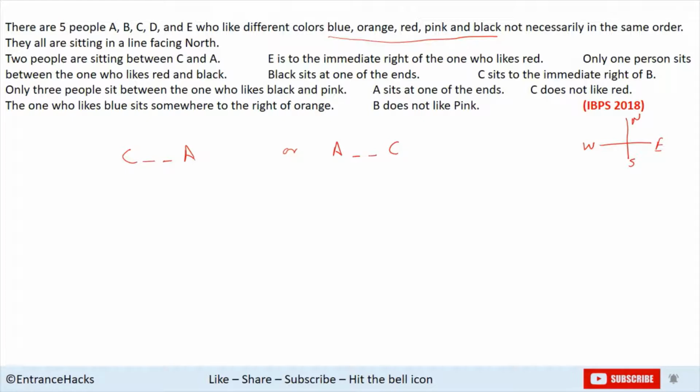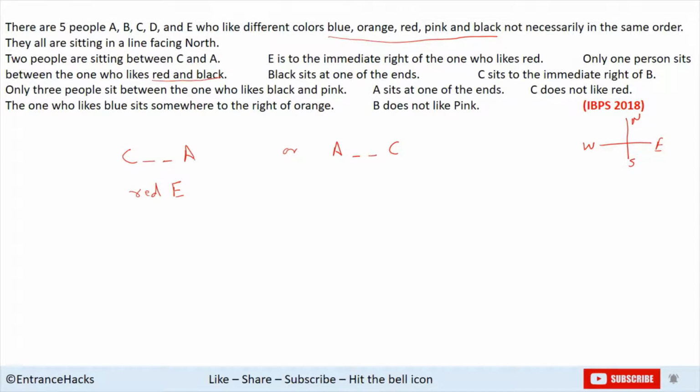So A and C could be in either direction. E is to the immediate right of the one who likes red. Hence we can write red E, as E is to the immediate right. Now the third statement is only one person sits between the one who likes red and black.